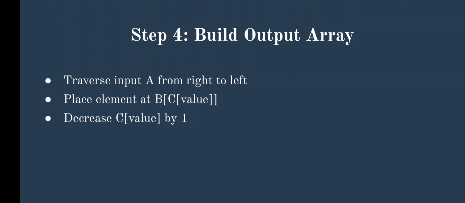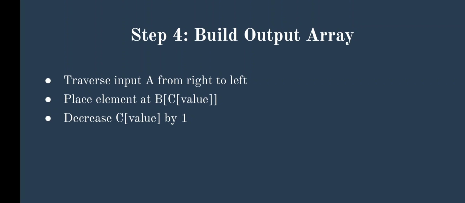So we will traverse the input array A from right to left. Why are we traversing from right to left? We are doing it to make it a stable sort. Why? Because let's say there were two 2s coming in the array: 1, 2, 2, 3. Then 2 is coming twice. So we want to make sure that the 2 that is coming first, or previously, will remain to the left.